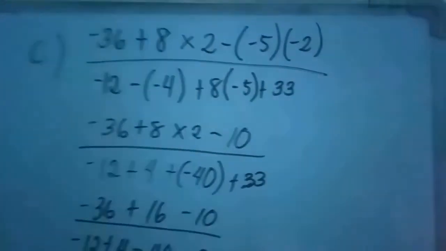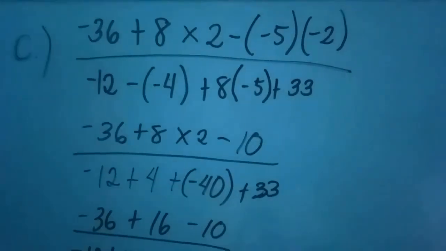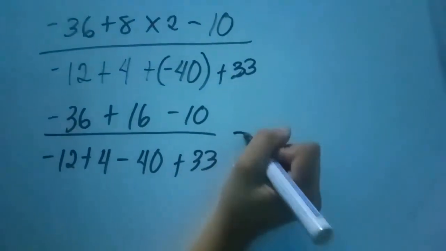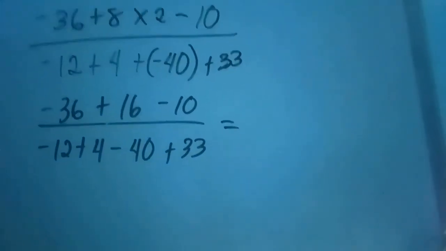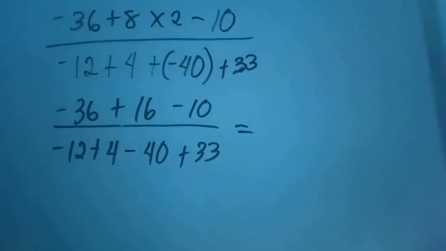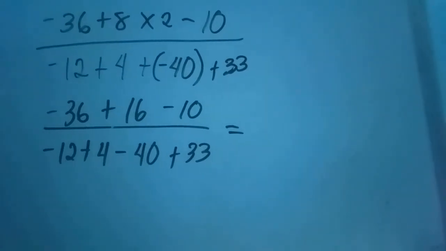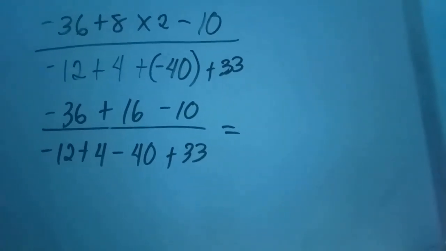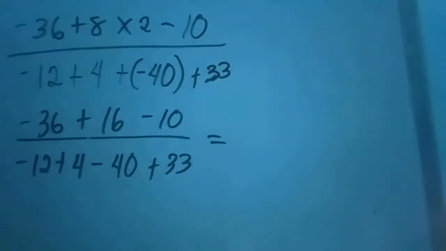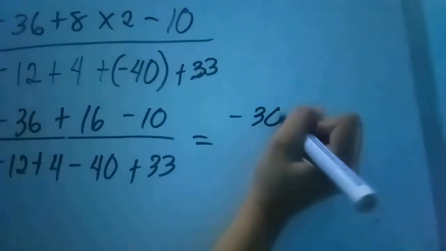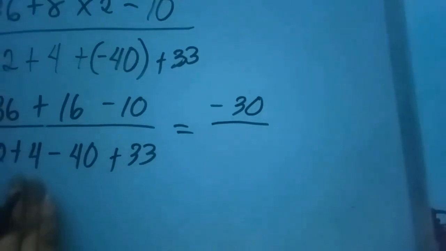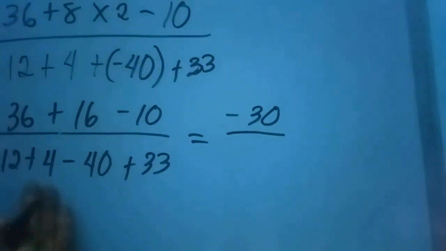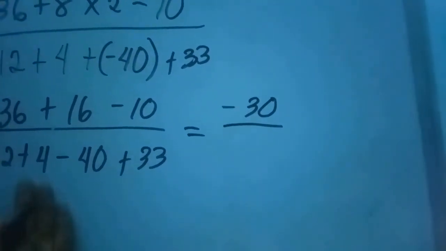Now let us add. So negative 36 plus 16, we have unlike signs, subtract, so negative 36 plus 16 is negative 20. Minus 10, we have like signs, so we have negative 30 all over negative 12 plus 4, unlike signs, so we're going to subtract, so it is equal to negative 8.